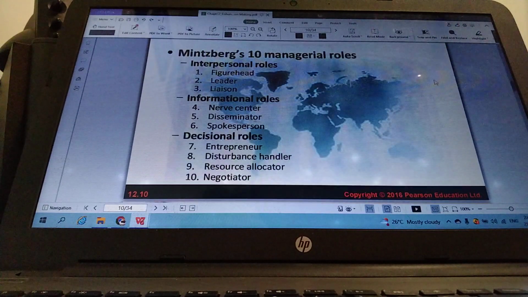And the whole idea why he has highlighted that is so we can identify who are the managers involved in these decisional roles, and how they can be equipped with the knowledge and skills required in order to make use of the enterprise system or the decision making system in helping them to make decisions.